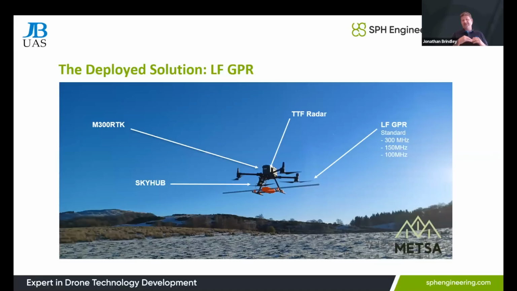Certainly for looking at sediments and sedimentation, longer wavelengths are fine. There's absolutely no problem with that, because we're not actually looking for small objects. We just want to know the differences in the structure of the soil.